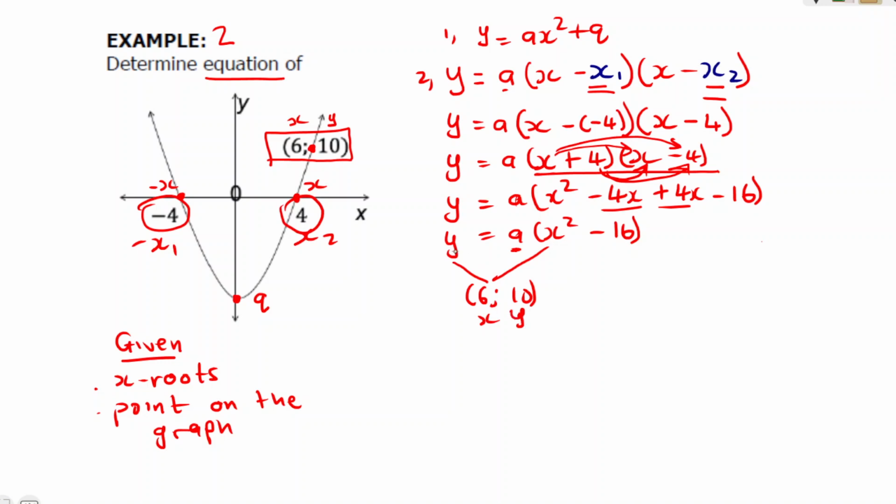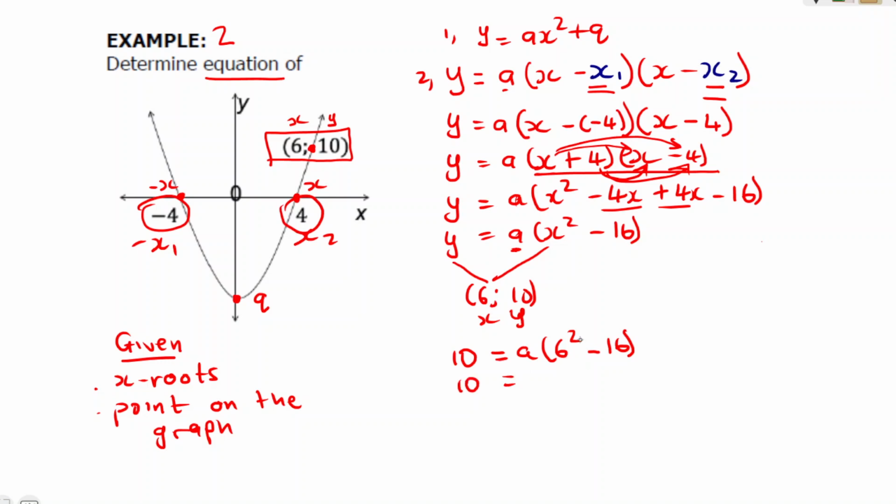We're going to substitute y with 10. Then we're going to set a. We will substitute this x now by 6. So we're going to say 6 squared because this x is squared, minus 16. Now we have to find a, because a is the only variable that is unknown in this equation.